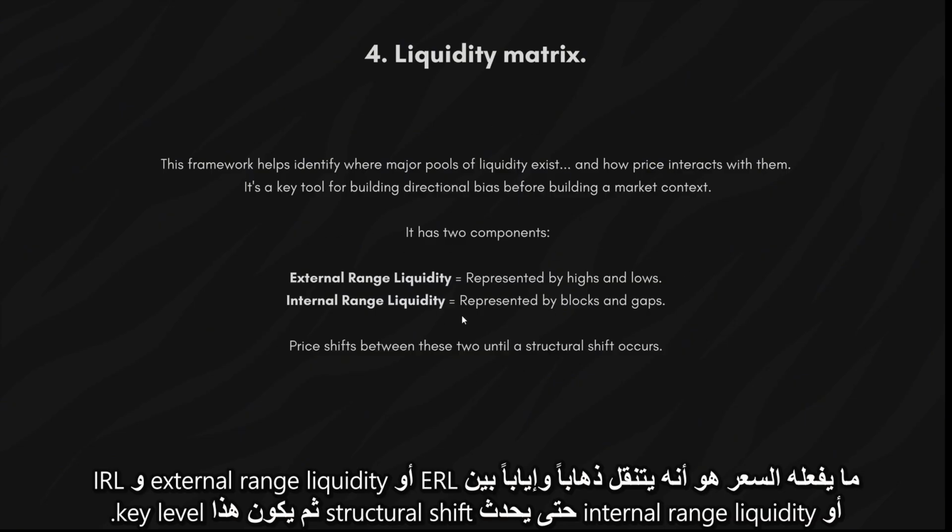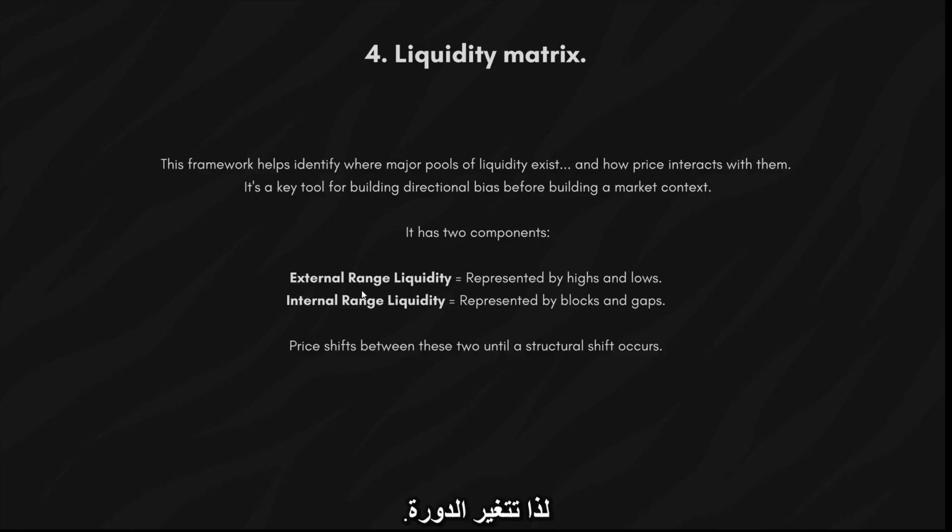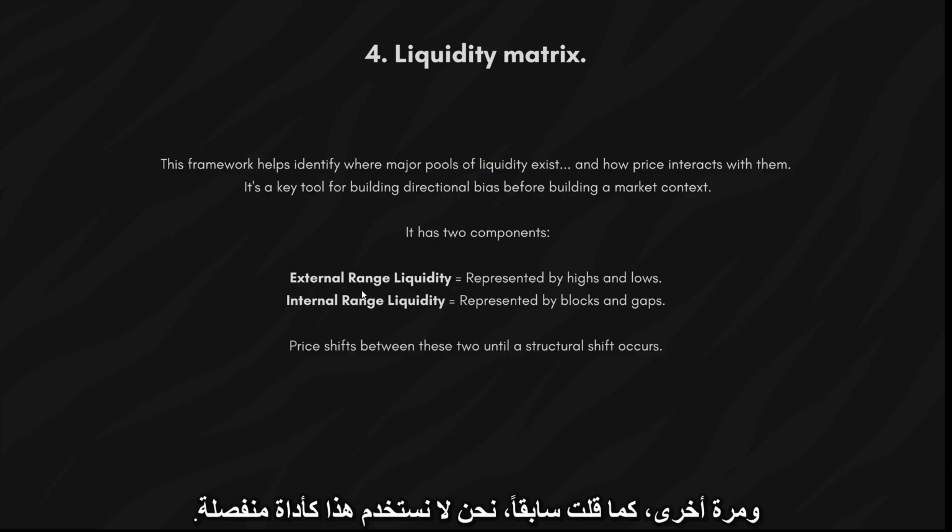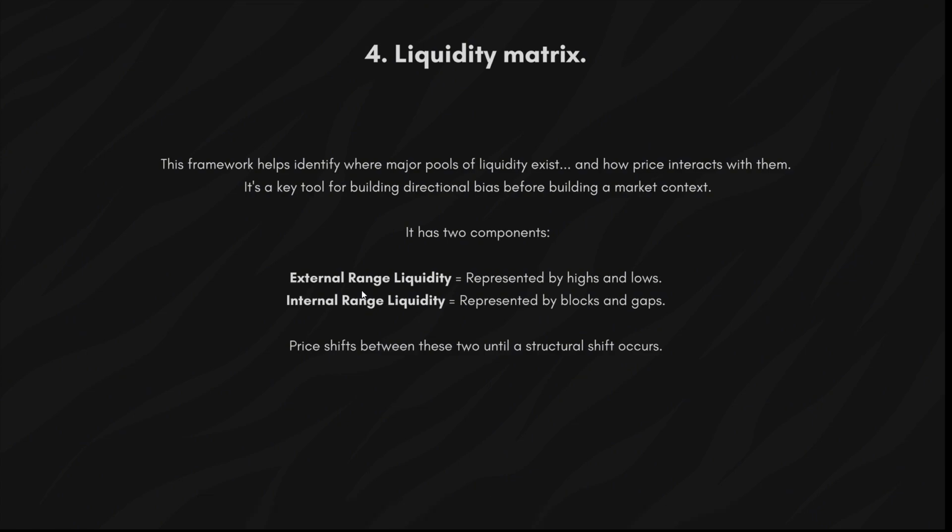What price does is that it shifts back and forth between ERL, or external range liquidity, and IRL, or internal range liquidity, until a structural shift occurs and then the cycle changes. That's the entire essence of liquidity metrics. And again, we're not using this as some separate tool.